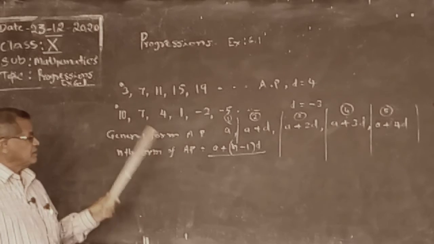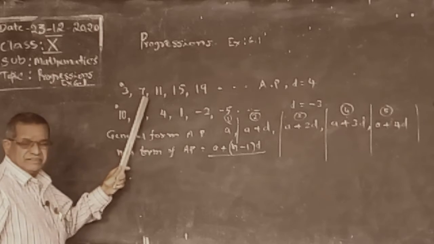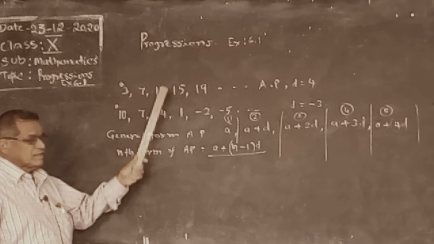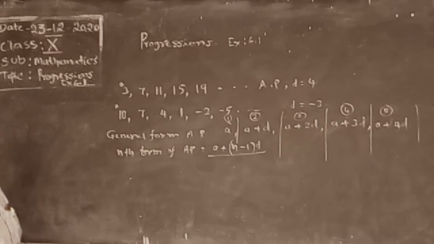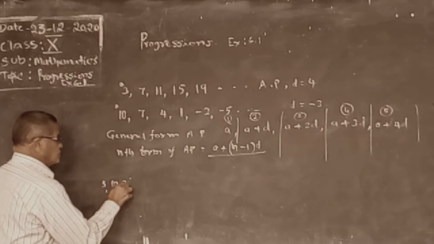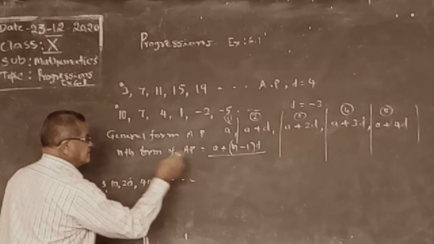In geometric progression, the constant number is multiplied. Here we add plus or minus, but in geometric progression we have to multiply. Suppose 5 is there, 5 twos are 10, 10 twos are 20, 20 twos are 40, 40 twos are 80.